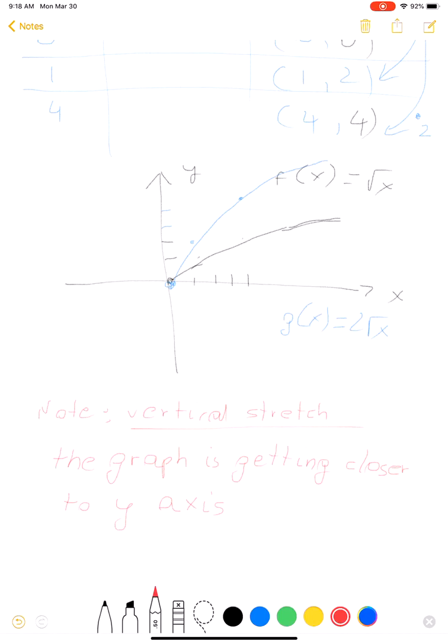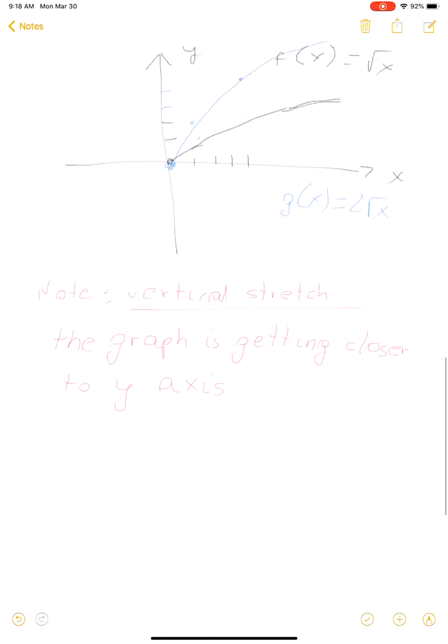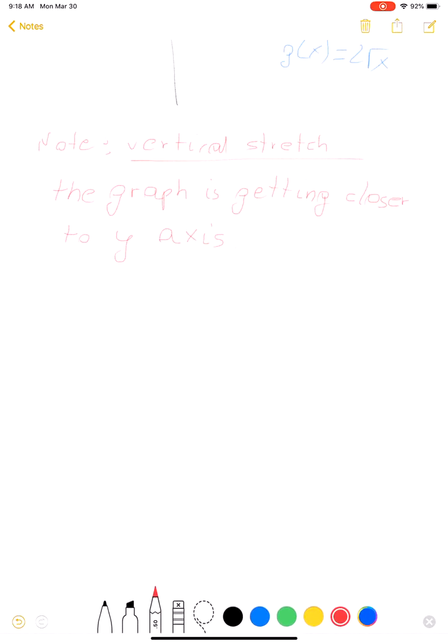Okay, next we're going to talk about vertical compression.